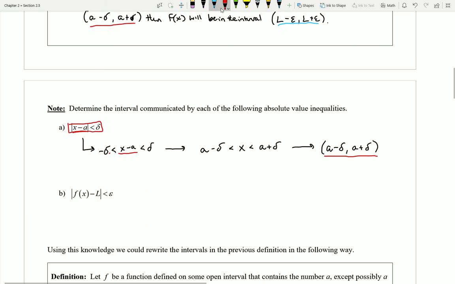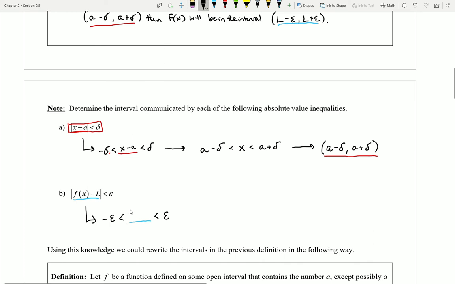Now if you take a look down here at the next one, we can do the same sort of thing. This time I'm going to treat f of x like it's the thing I want to solve for. So again, I'll start by thinking about what's true about this inner piece of the absolute value. If I want all of this to come out less than epsilon, I would need to have the whole inside be less than epsilon already, or maybe be bigger than negative epsilon.